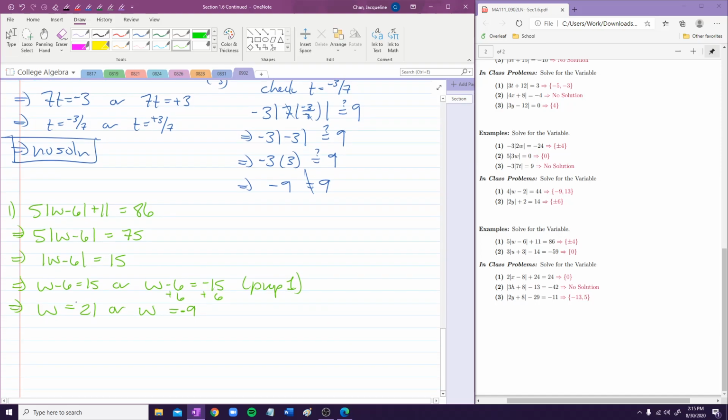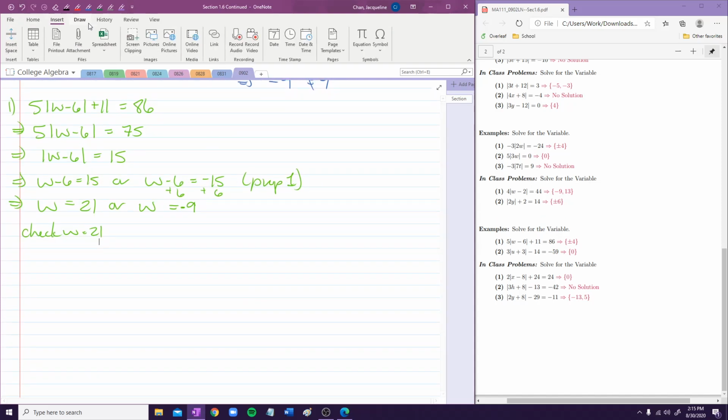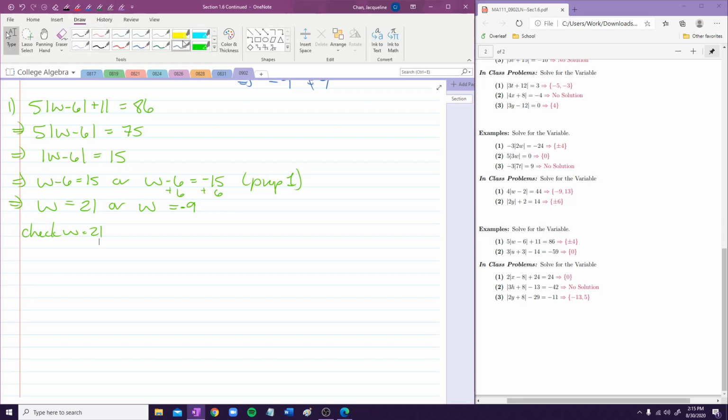Now that we've solved for this, we have to check our potential solutions. So we're going to check w is equal to 21. Let me add some more space real fast. I have 5 times the absolute value of 21 minus 6, plus 11.